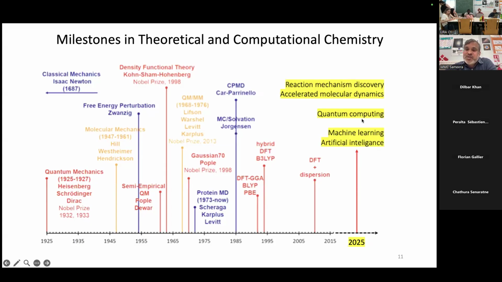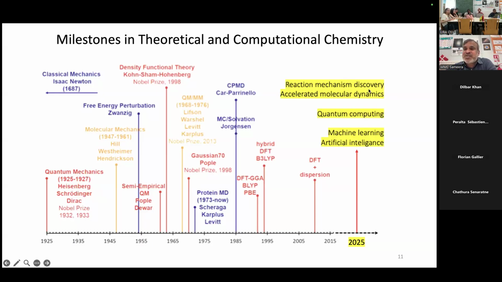Quantum computing is also a very hot topic, and it is making progress. At some stage I hope we will be able to simulate our quantum systems on quantum computers. Currently we are using classical computers to run quantum calculations, so that's why our computations are quite slow. So it's going to change very soon.